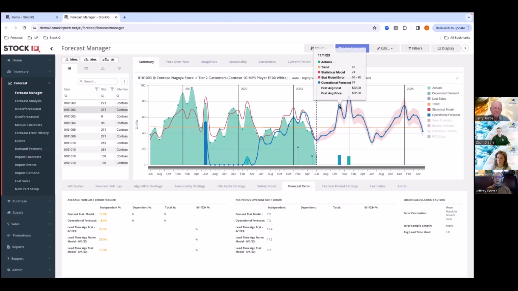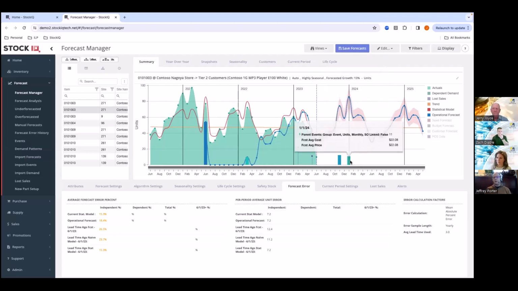One of the things that I also like to note is that there's another event that's entered out in here. Now, this event wasn't entered on this particular SKU, but it was inherited. You'll see that there's a parent up there that this belonged to.